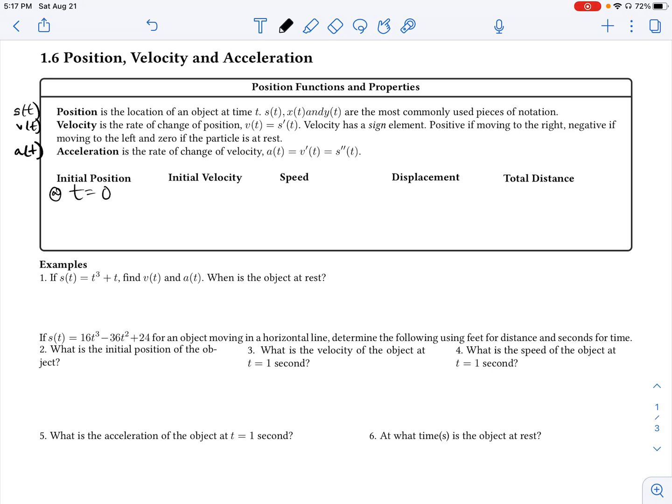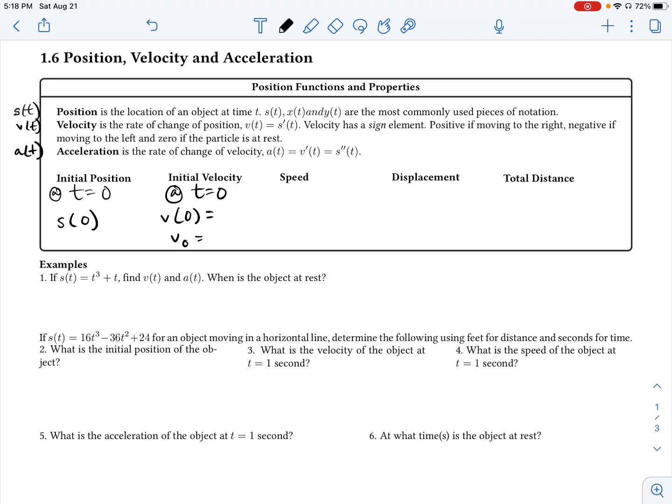So one way of describing that is to say S of 0. It's our position function evaluated at 0. What about our initial velocity then? Well, our initial velocity is again at t is equal to 0 because it's the velocity when we're first starting off. So sometimes you might see v of 0 like this, or sometimes you might even see this, but v of 0 is often what's commonly used.